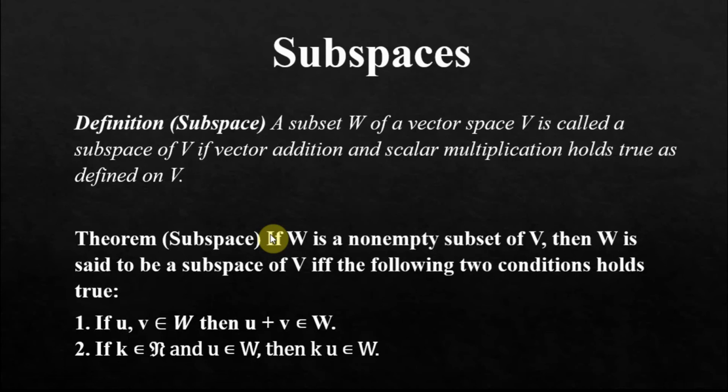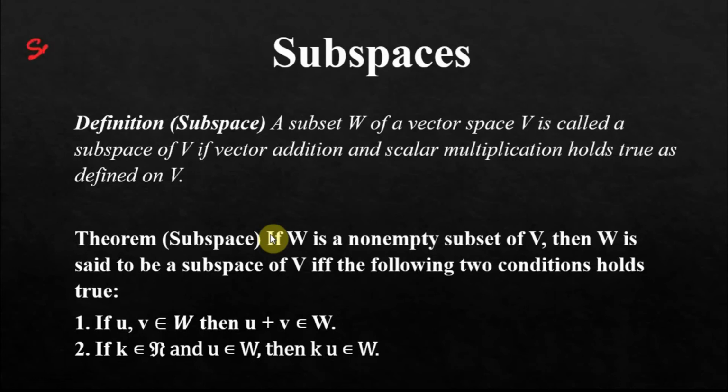So the definition for a subspace: a subset W of a vector space V is called a subspace of V if vector addition and scalar multiplication hold true as defined on V. The hard work is on V. So we assume that it's been taken for granted, and we accept that V has been proven to be a vector space. So if that's the case, then can we show a subset of V?